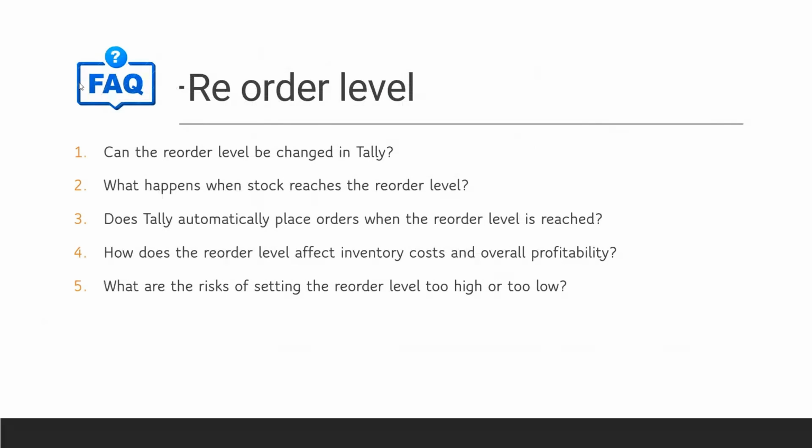Then another frequently asked question: does Tally automatically place an order when reorder level is reached? Unfortunately, Tally does not automatically place an order when reorder level is reached. However, it gives a notification when the inventory level reaches the reorder point. You will need to manually place an order. It is not automatically placed.